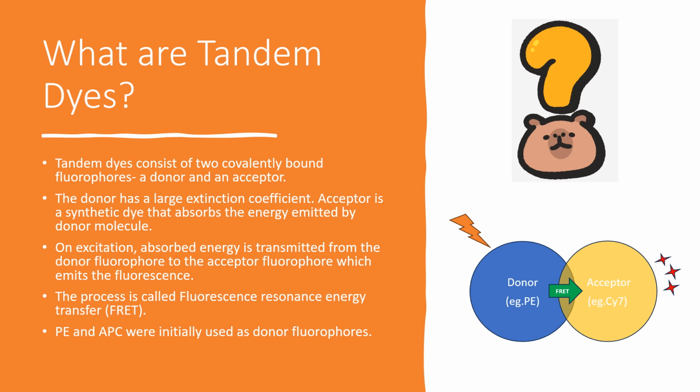For example, we are all familiar with the tandem dye PE-Cy7. PE here is the donor, which transfers the energy it absorbed to Cy7, which then emits the fluorescence detected by the detectors. Tandem dyes therefore have the excitation properties of the donor and the emission properties of the acceptor.